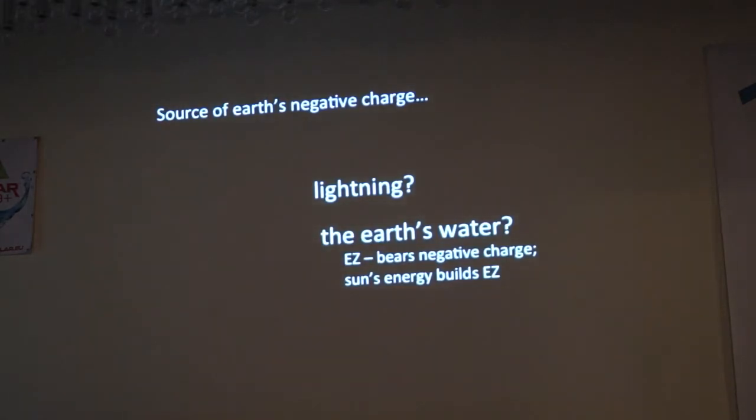The Earth is full of water, right? And it's not just the oceans and the lakes and the rivers and the Black Sea, but also all of the vegetation that exists. And the EZ water, of which there's plenty in the water that's around, and plenty in plants and animals, bears negative charge, and the sun's energy builds the EZ.